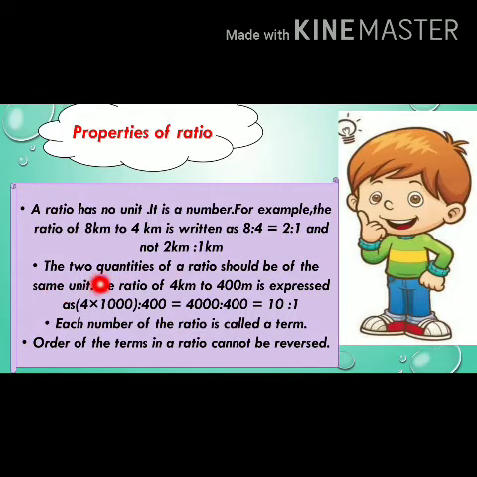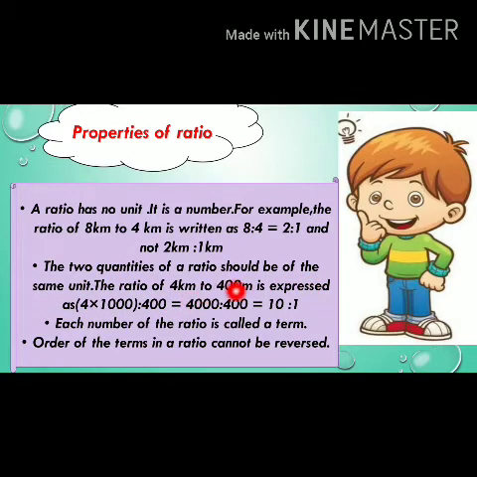The two quantities of a ratio should be of the same unit. The ratio of 4 km to 400 meter is expressed as? Here the ratio of 4 km and 400 meter is given. You have to change kilometer to meter because the two quantities of a ratio should be of the same unit.